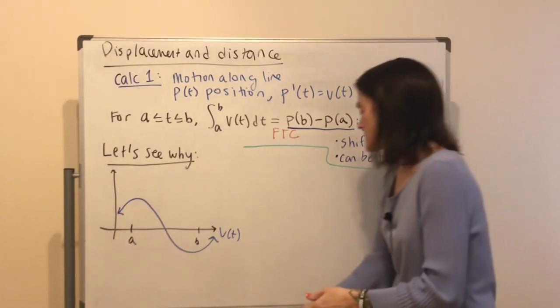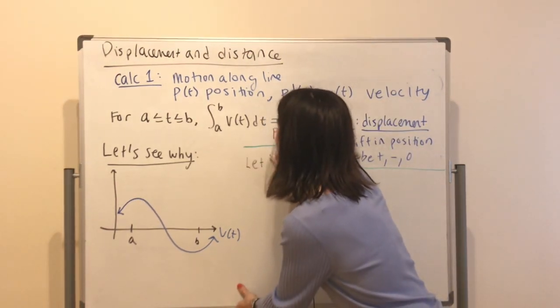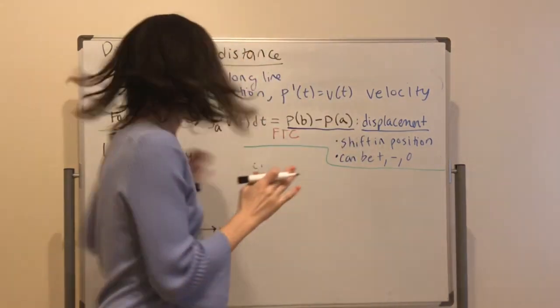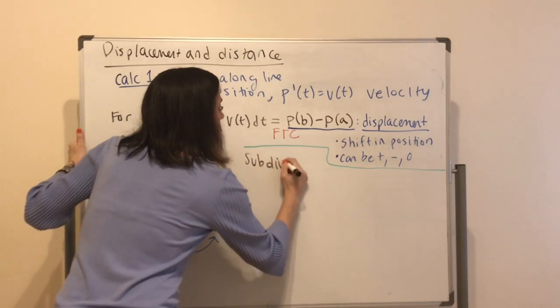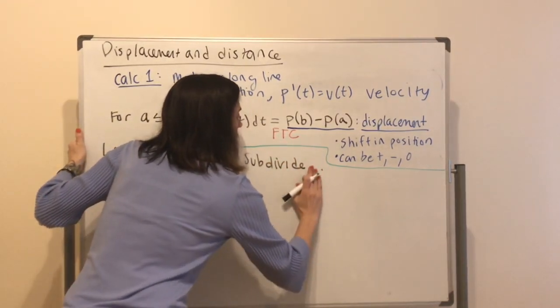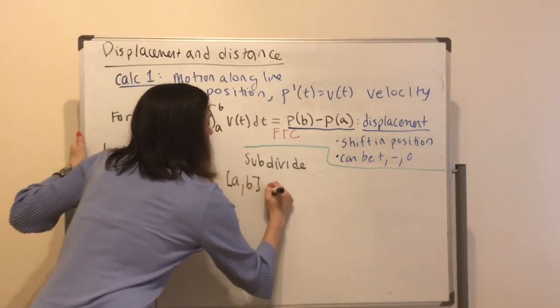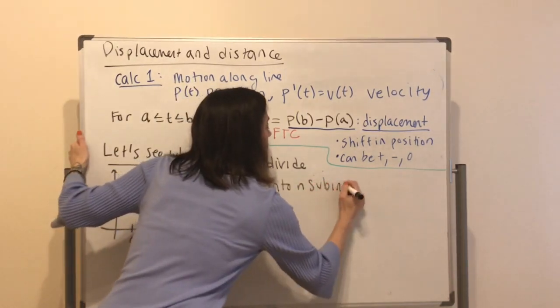So let us subdivide the interval a to b into n subintervals of equal length.